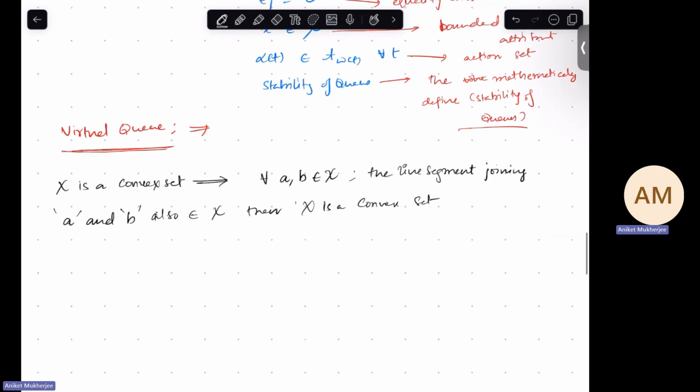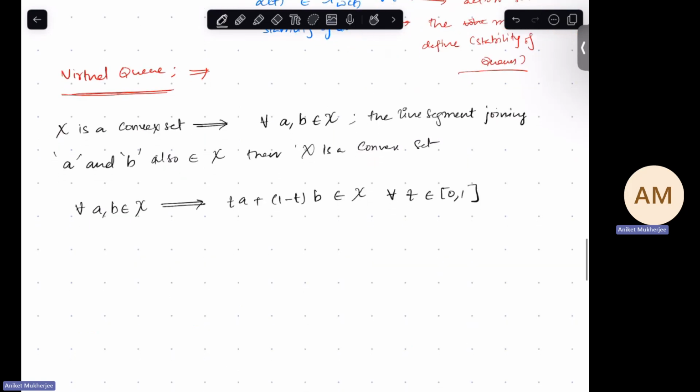So mathematically, you write: for all A, B belongs to X implies tA plus (1 minus t)B also belongs to X for all t belongs to 0 to 1.